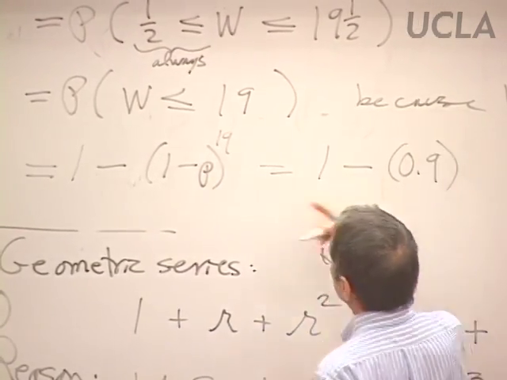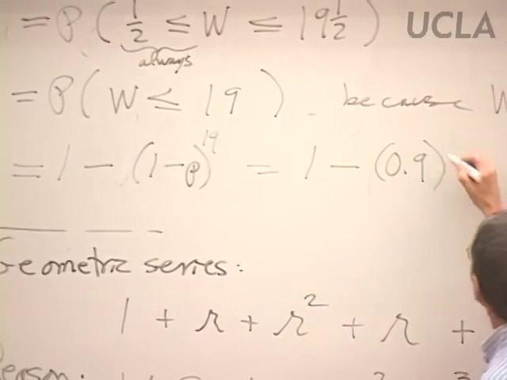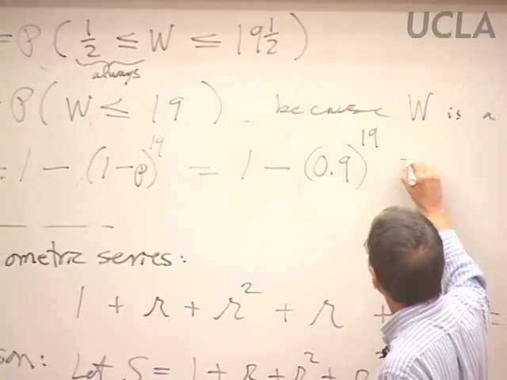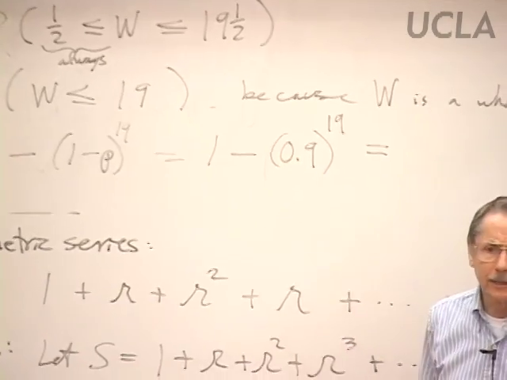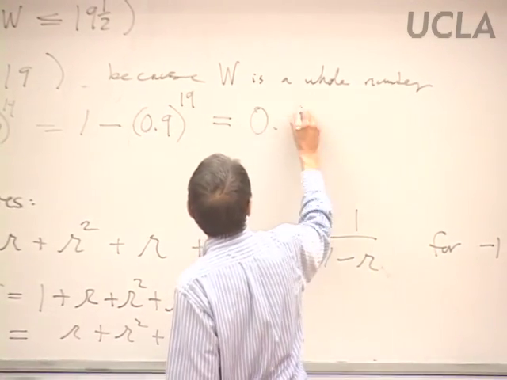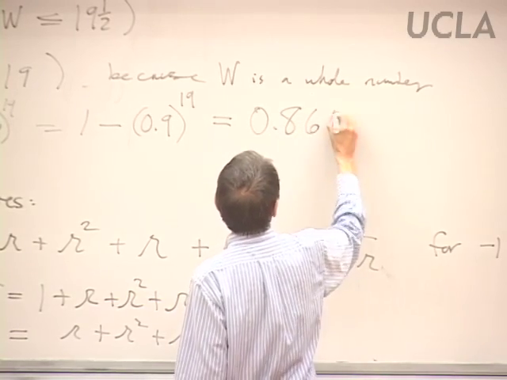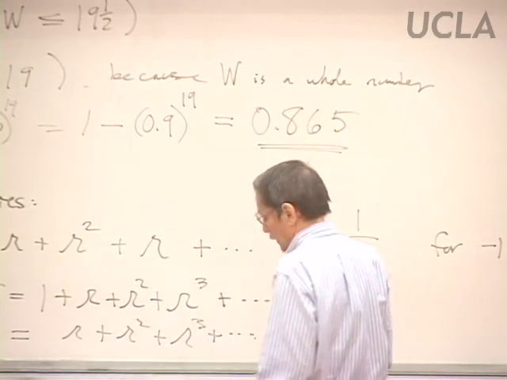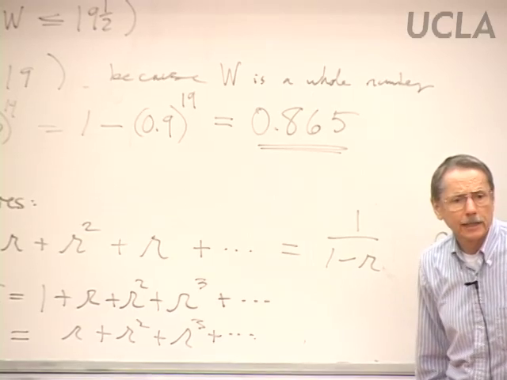P is 1/10, so 1 minus p is 0.9. And then we ask our calculator what this is. It's about 86.5%.